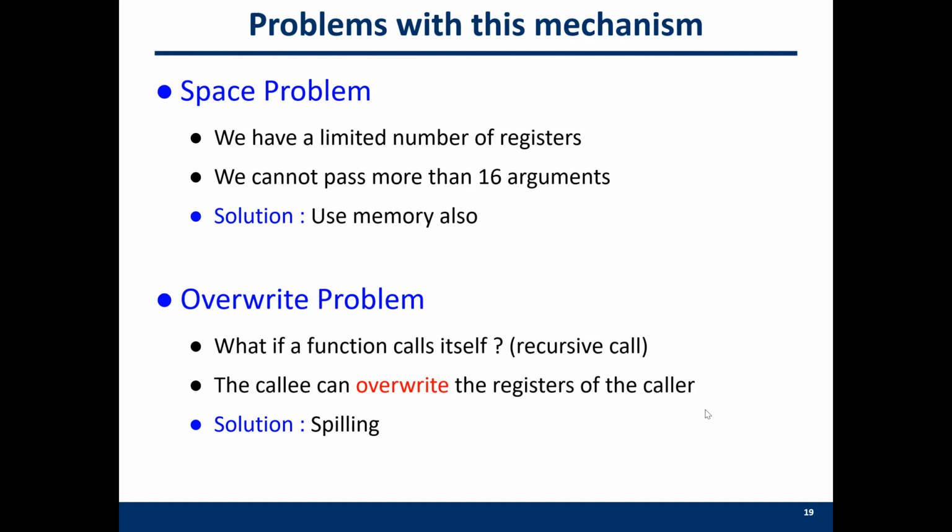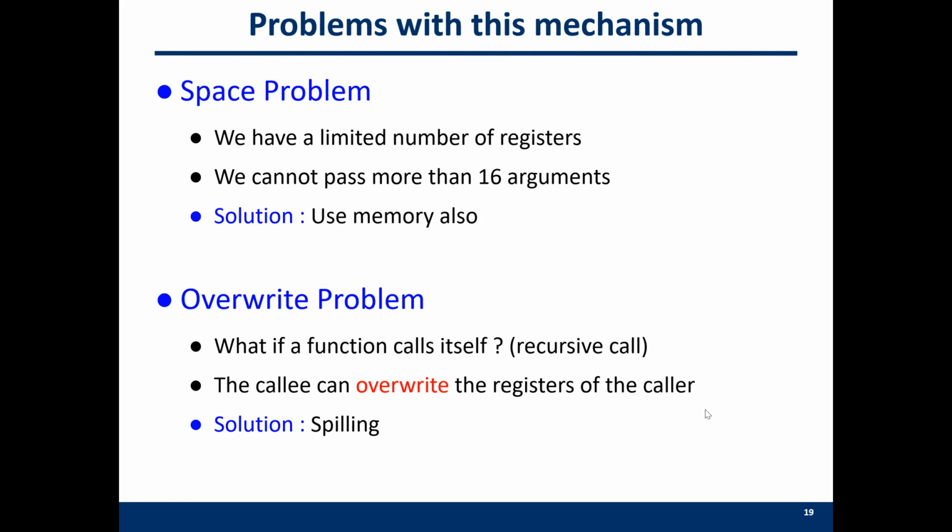So if a function calls itself, which is very common for sorting algorithms, then the function may overwrite the registers of the caller. The callee can overwrite the registers of the caller, but all the functions share the same set of registers. You only have a limited number, let's say 16 registers.